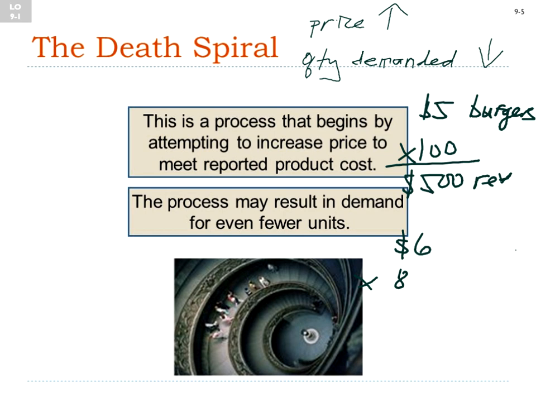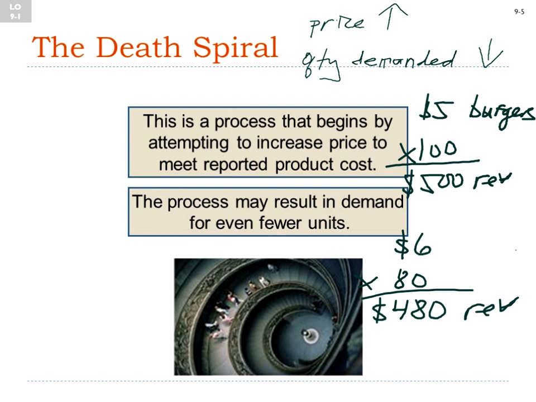So you do $6 times 80, and your revenue actually goes to $480. So that means that your revenue went down, and you might want to reconsider your price increase. So at $5, you're making $500 of revenue. At $6 a burger, you're only making $480 of revenue.